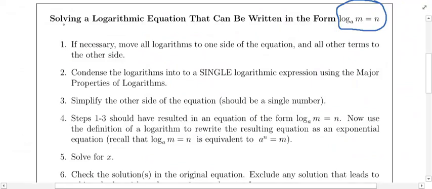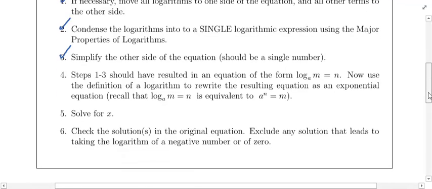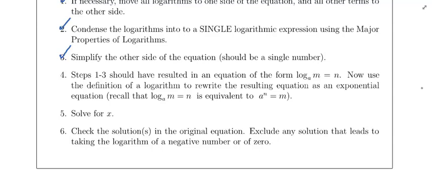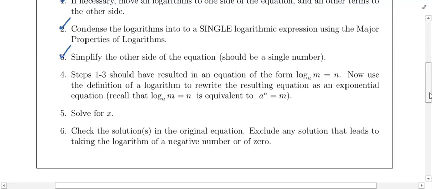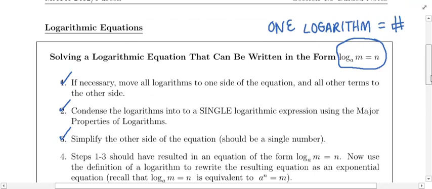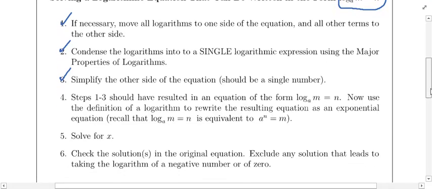Then picking up with step 3, you're going to simplify the other side of the equation and it should be just a single number. After steps 1 through 3, that should have resulted in an equation of the form log base a of m is equal to n, meaning one logarithm is equal to a number.